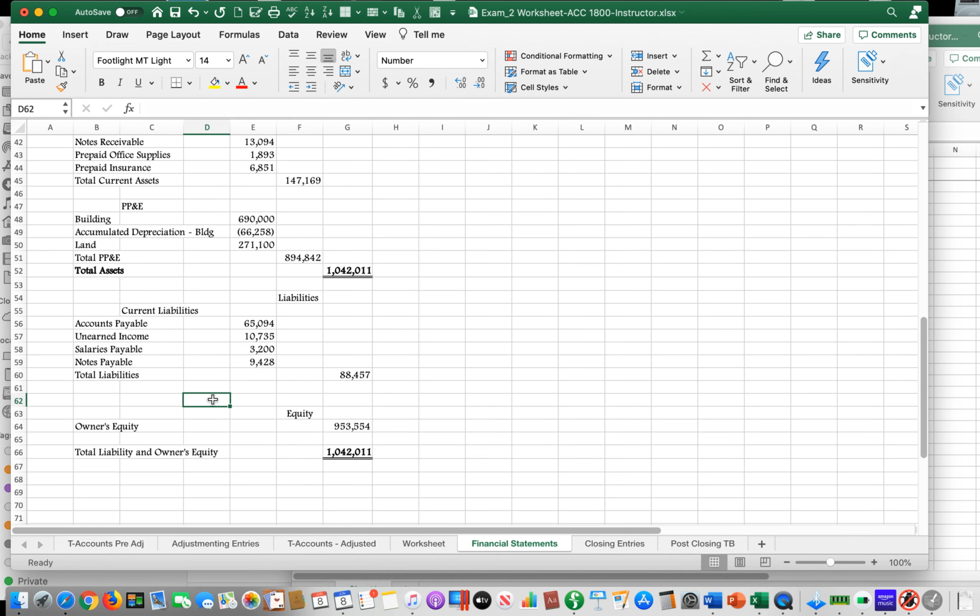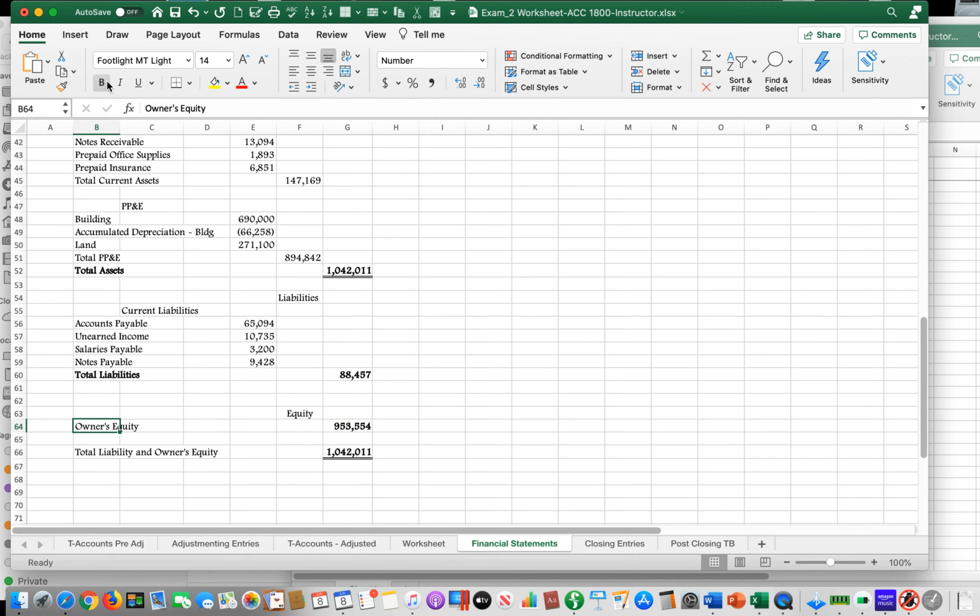You total them, and this is your new owner's equity that came from the owner's equity statement. So your total liabilities plus your owner's equity equals the same as your total assets.